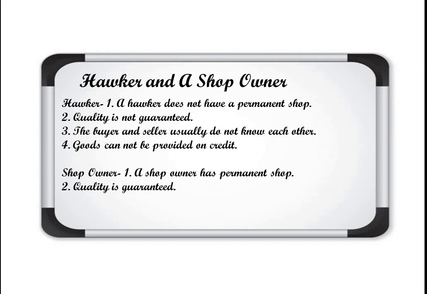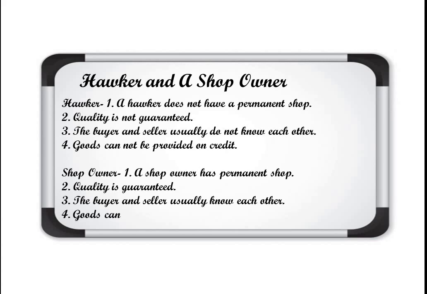Clear? So quality is guaranteed there. Number 3, the buyer and seller usually know each other, because if it is a particular shop in our neighborhood, we know that shopkeeper, and the shopkeeper also knows us. That's why in that case, the buyers and sellers know each other.